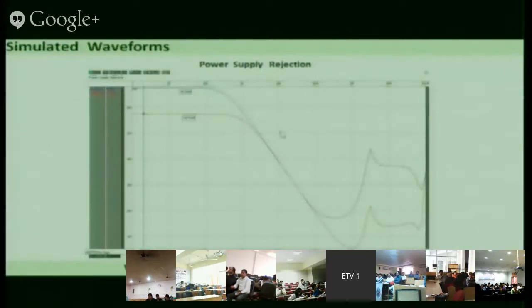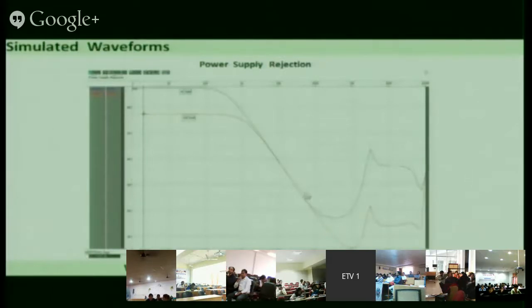Then it starts falling here. This means for noise more than 1000 hertz, the division is becoming less and less. So this point is 20 dB. 20 dB means 20 log 1, so it is dividing by 1 only.